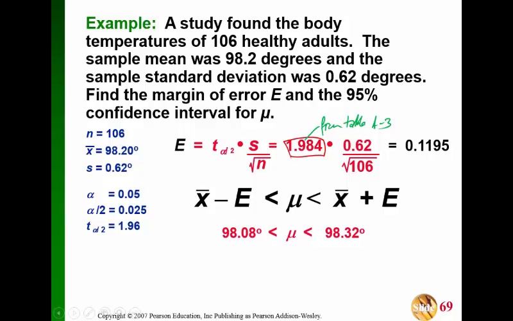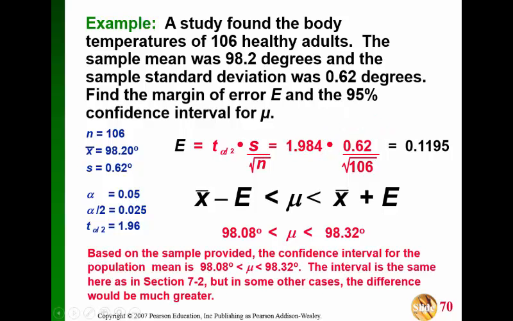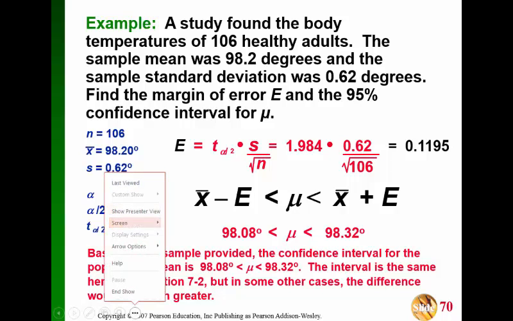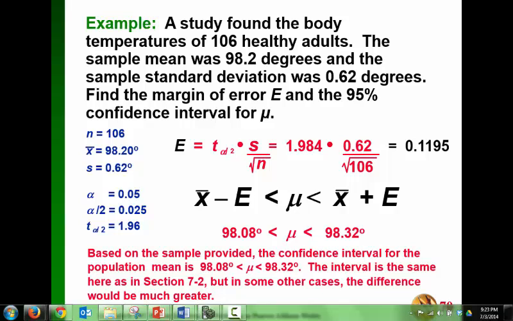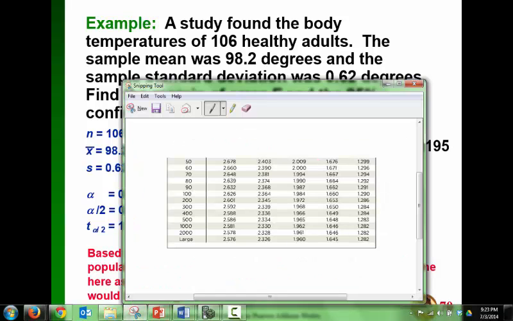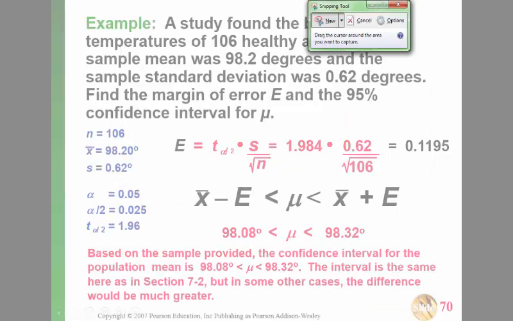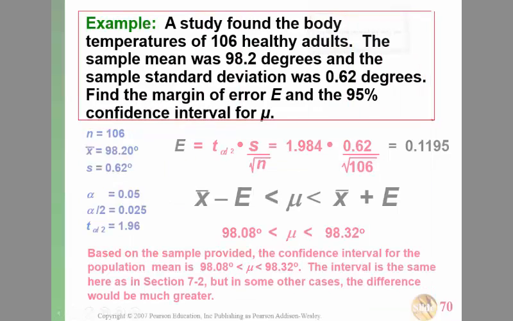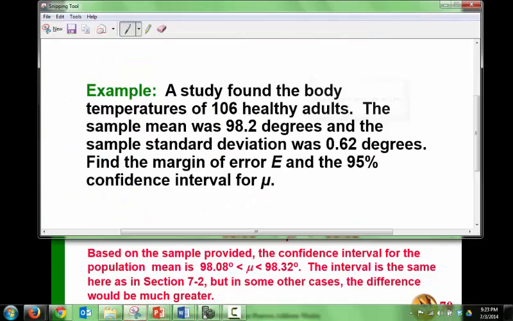So we get the same answers. So how would you actually do this in the calculator? You can actually do this in the calculator without having to figure out what your critical t-value is. So let's redo the same problem.